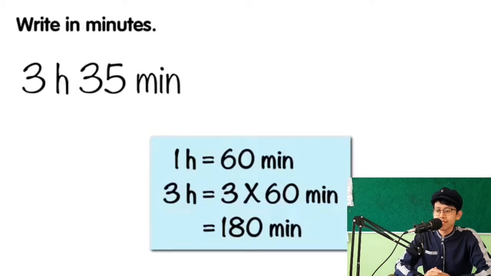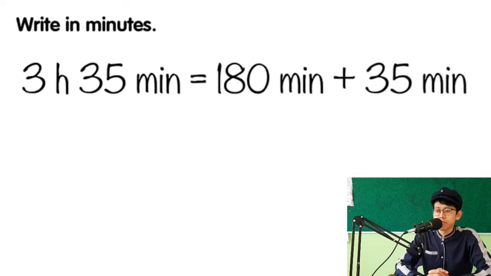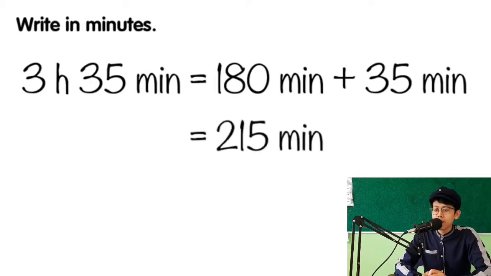We can write 3 hours 35 minutes equals 180 minutes plus 35 minutes. Don't forget, you have to add it. 180 plus 35 is equal to 215. There are 215 minutes in 3 hours 35 minutes. Got it, guys?